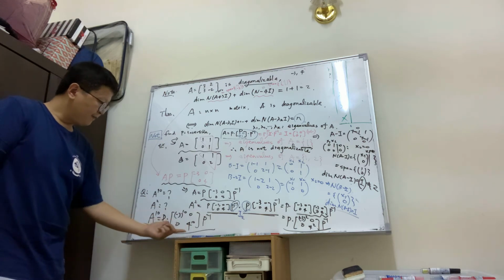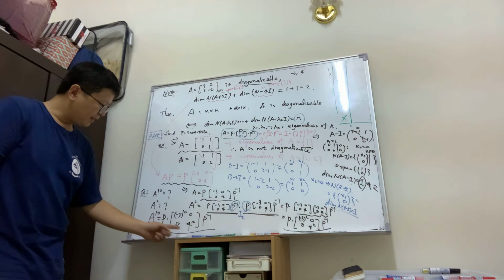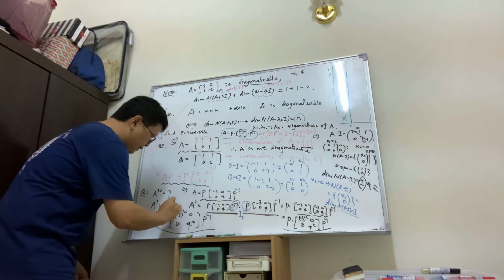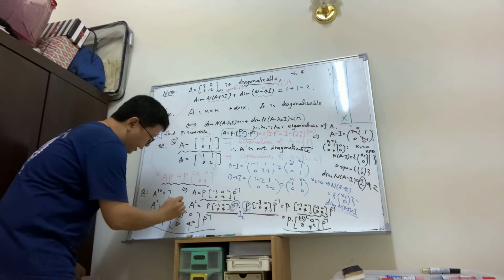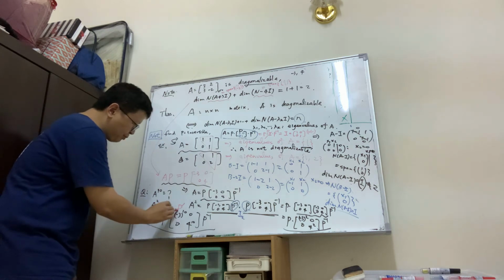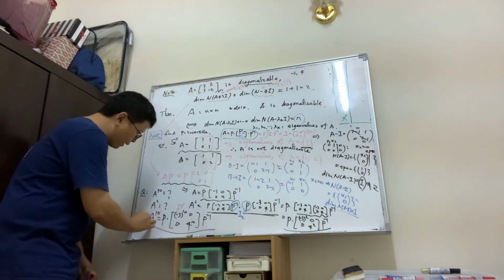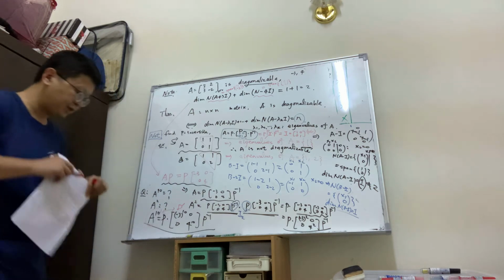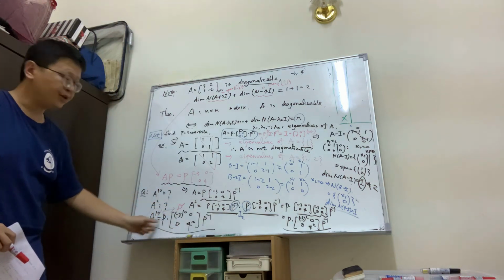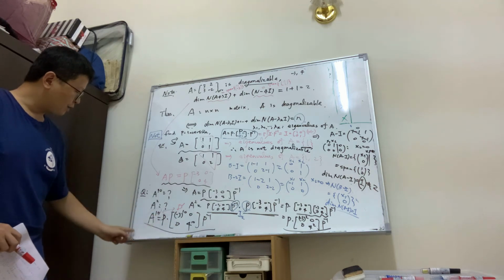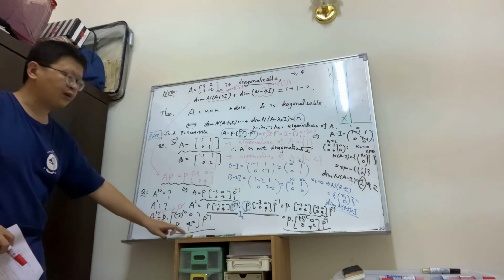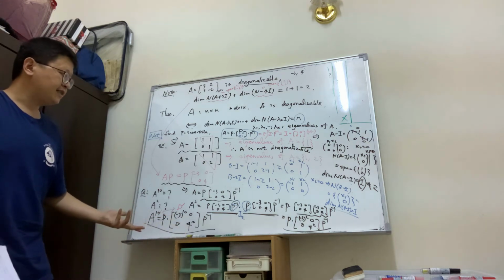As we said, it's of the form P times another matrix, which I call D prime, times P inverse. It means these two matrices are similar, and if they are similar, they have the same eigenvalues. So the eigenvalues of A to the power of 10 are exactly these two diagonal entries. It's very nice.